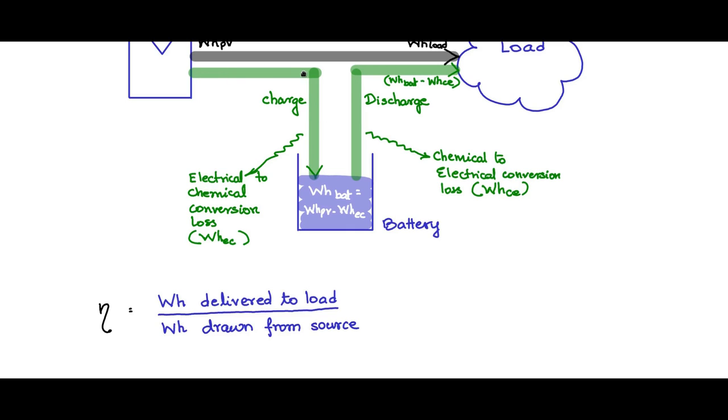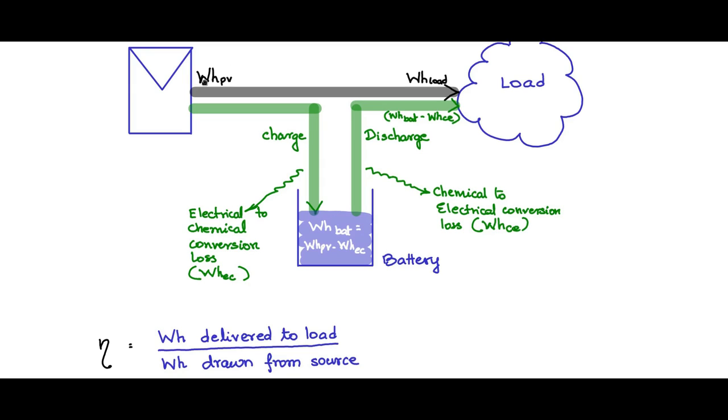This is the WH drawn from the source, which is WHPV. So we can write it as WH battery minus WHCE divided by WHPV.